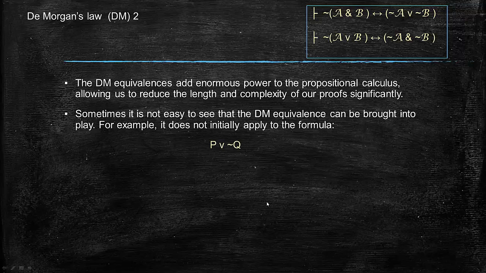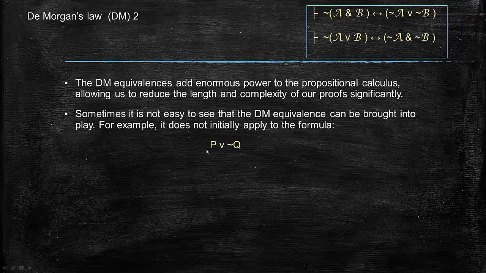For example, it doesn't initially apply to this formula at all, P or not Q. It doesn't apply because, well, if you look at the rules above, say look at A or B, right? Only one of them is negated, right? And so you might look over here, but this one is not negated. P is not negated, so we have a negated formula, but not a negated formula here.